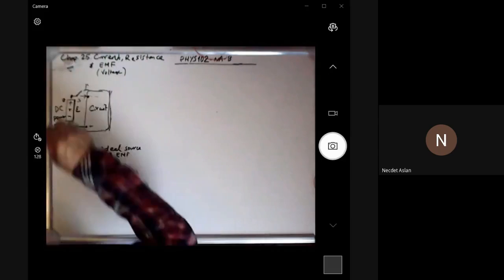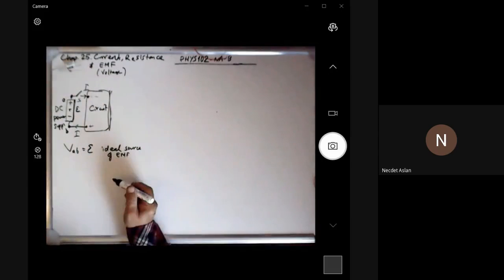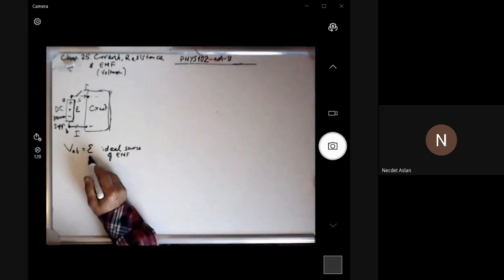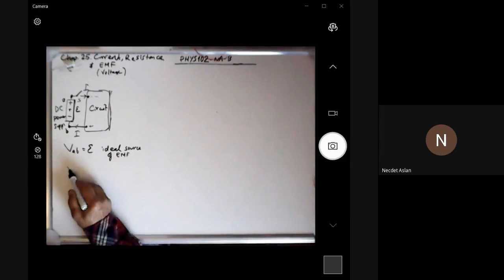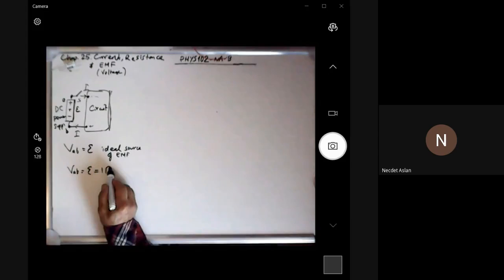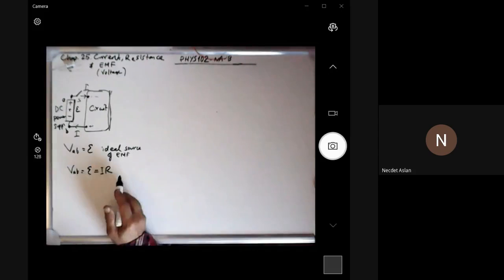For the ideal case, if the current is passing through here, then there is a potential difference, which is epsilon, and this must be equal to VAB, which should be equal to I times R, V equals IR. So this is the ideal source, but this is not the case actually.